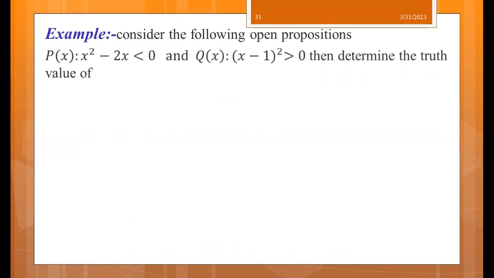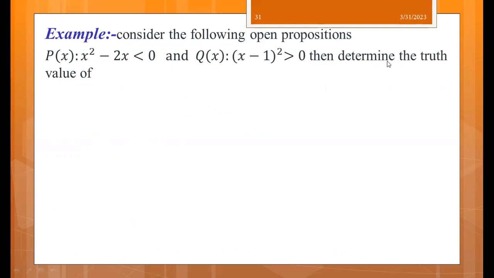Okay, let us consider examples. Consider the following open propositions. The first open proposition is P of x, which is x squared minus 2x less than 0. The second one is Q of x, which is x minus 1, the whole squared, greater than 0.